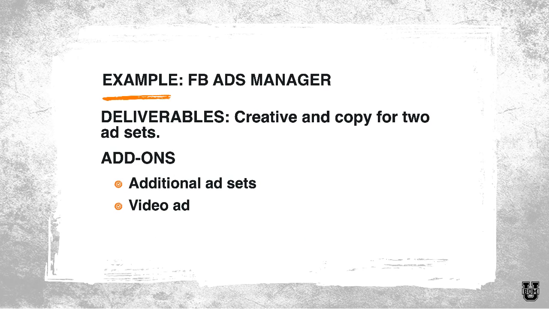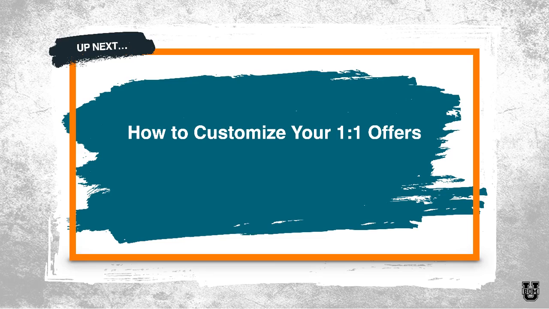The deliverables for this offer are the creative and copy for 2 different ad sets. And if the client chooses, they can add on additional ad sets or hire the company to create and produce a video ad. So this is an example of how this framework is really powerful to put together a compelling offer that meets the solution of your ideal client.